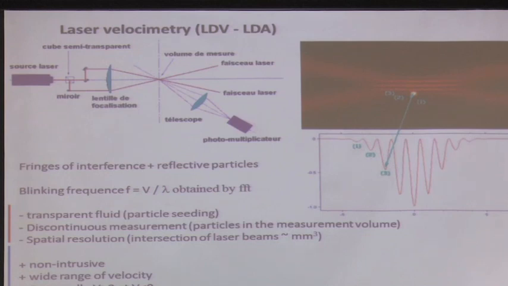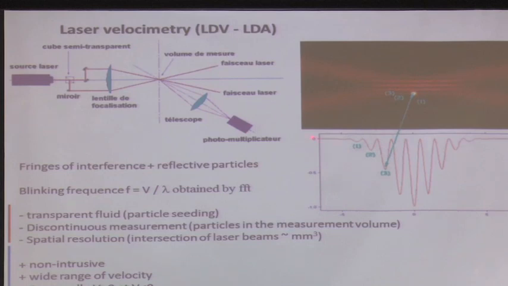And the frequency of the blinking is related to the velocity of the particle which is passing through this control volume, because the distance between the fringes and the width of the fringes is controlled by your laser beam, so it is fixed. If the particle is moving very slowly through the fringes, you will see blinking with a low frequency. If it's passing very fast, then you will see blinking with a high frequency.